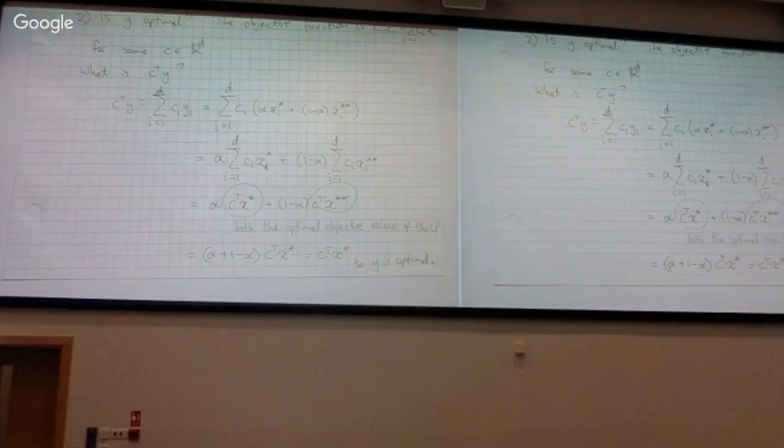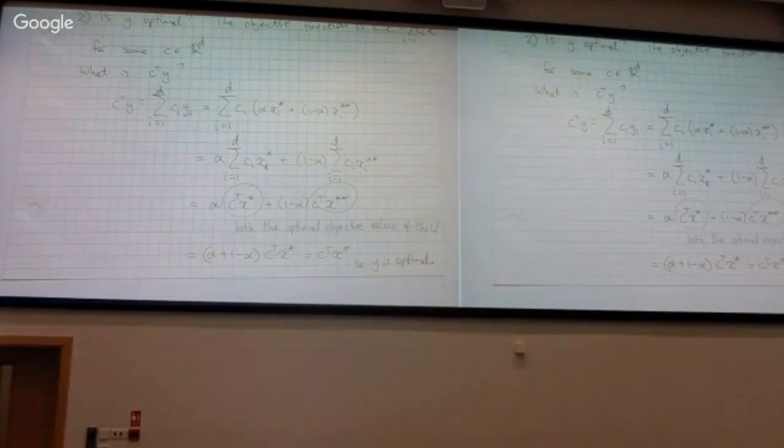Okay, so it really is very straightforward because you can just show that the convex combination y is both feasible and optimal. To show that it's feasible, you plug it into a constraint, and you see that it's satisfied because it was satisfied by the x's.